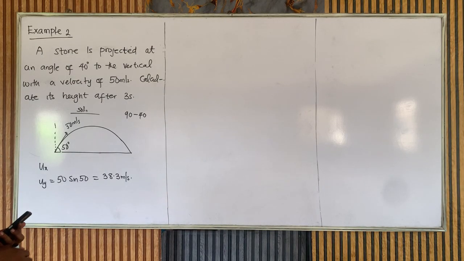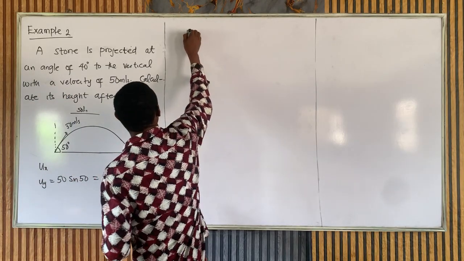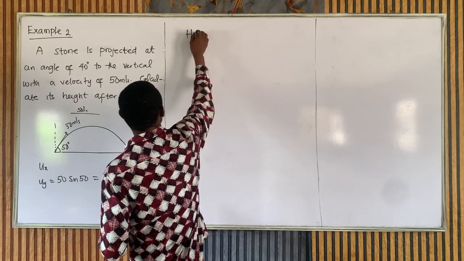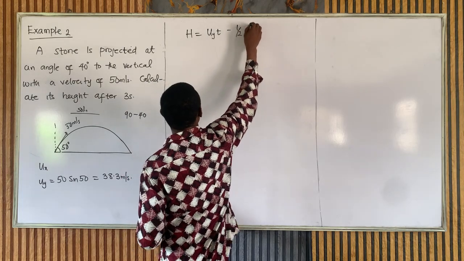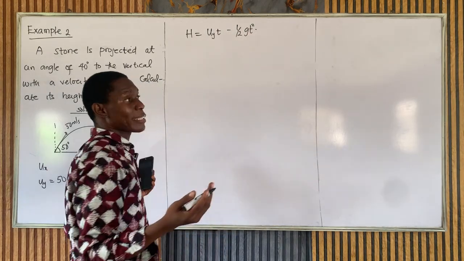Okay, you can go and get ux, but you don't need that. Now, all you need to do is to say h is equal to uyt minus half gt squared, and you're going to get your answer.